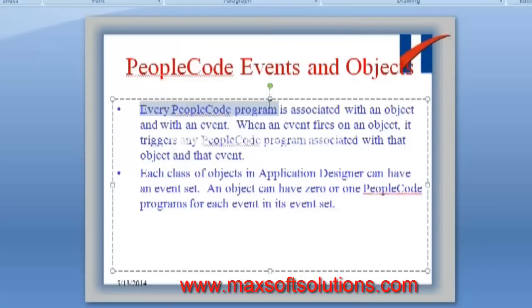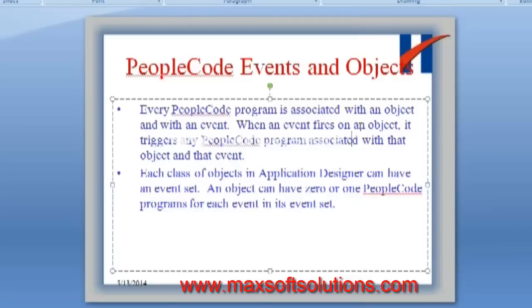Every PeopleCode program is associated with an object and with an event. When an event fires on an object, the object is nothing but your record, maybe; your page is an object, your component is an object.